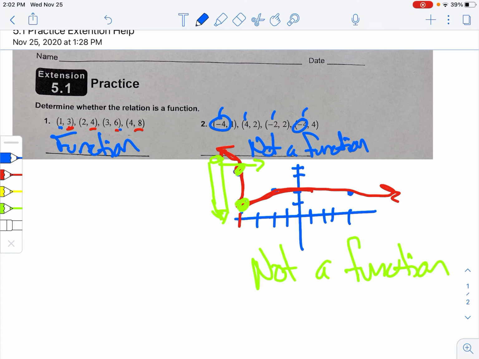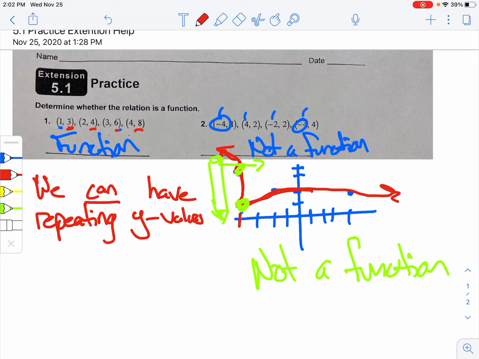All right, so in recap overall, and I know it's being repetitive, but I just want to make sure we all understand this. We can have repeating y values, or you could say a repeating range or a repeating output.